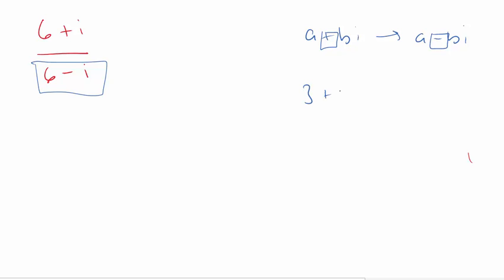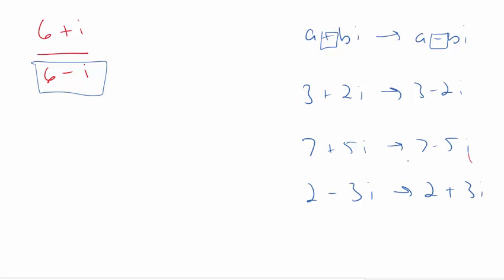So if I had 3 plus 2i, its conjugate is 3 minus 2i. If I had 7 plus 5i, its conjugate is 7 minus 5i. If I had 2 minus 3i, its conjugate is 2 plus 3i. All right, so just keep flipping that sign, and that's how you get the conjugate.